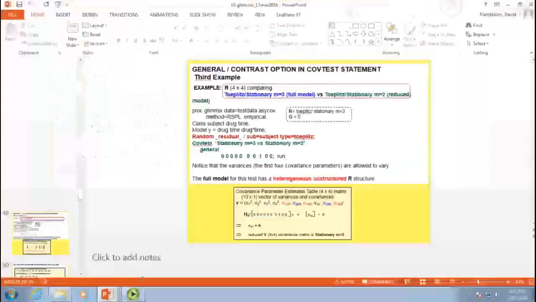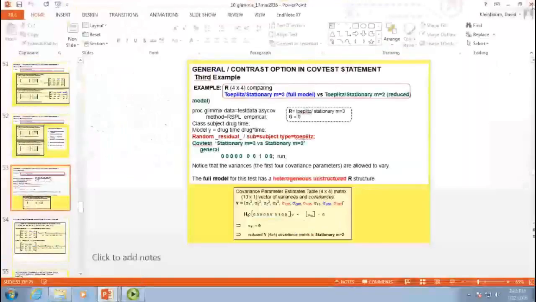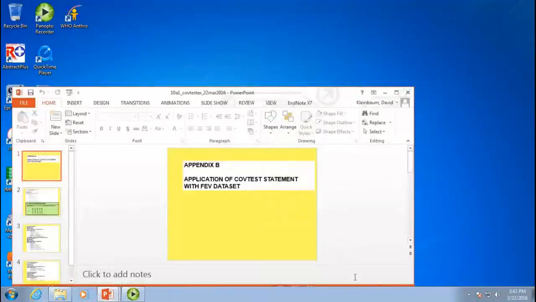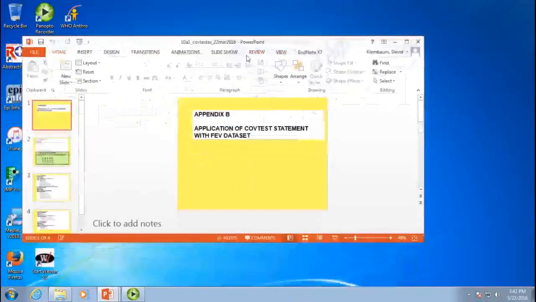In fact, maybe before I do multi-level, the last thing I'm going to show you is, let's see if I already put this up here. Yes. There is an extra PowerPoint presentation that I added, with the title 10A1 COVTEST.